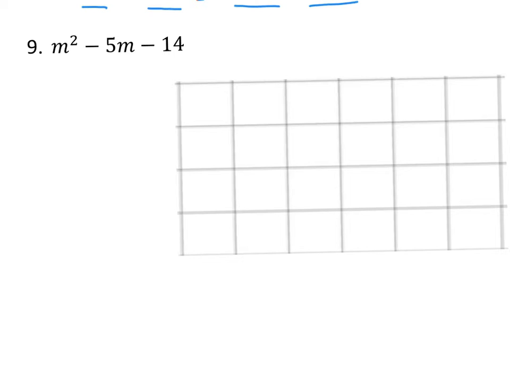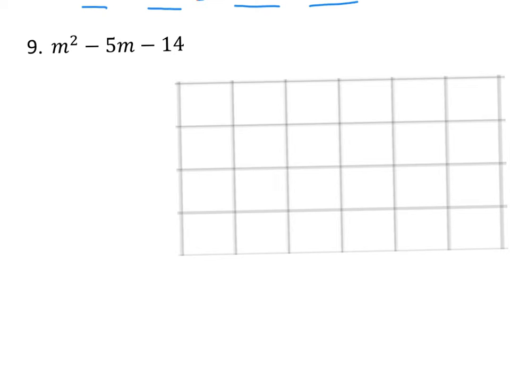So then we move to the second row and say what is the greatest common factor between 2m and negative 14. And 2 goes into 14, so that would be 2, but we don't know if it's positive or negative yet, so we're just going to leave the sign hanging out there and see what we come up with.